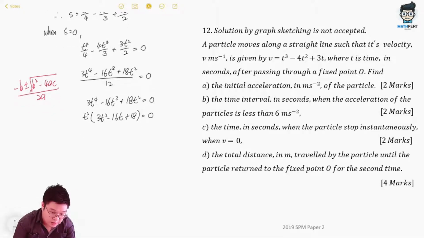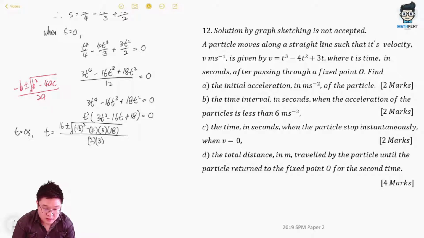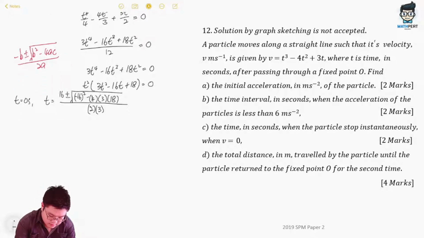So here t can be equal to 0, and then t equals minus b, so it's 16 plus or minus the square root of 16 squared minus 4 times a, which is 3, times c, which is 18, divided by 2a, which is 2 multiplied by 3.